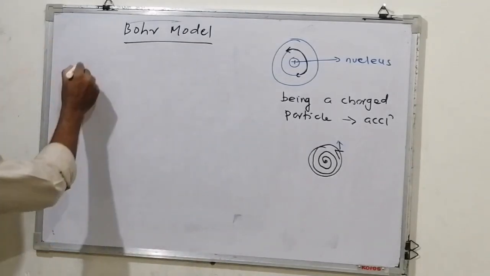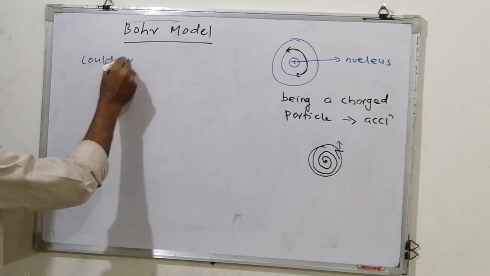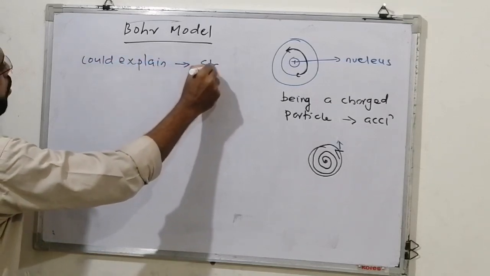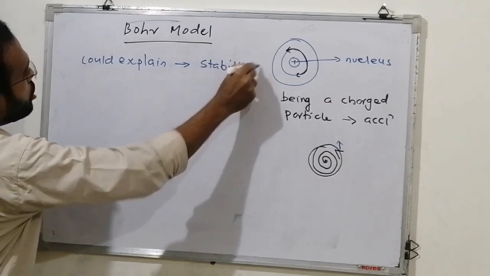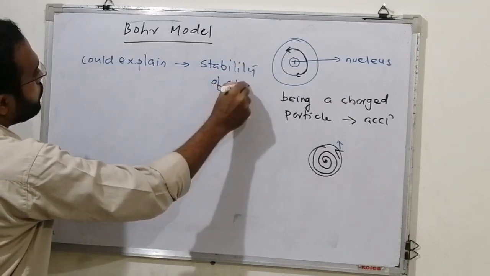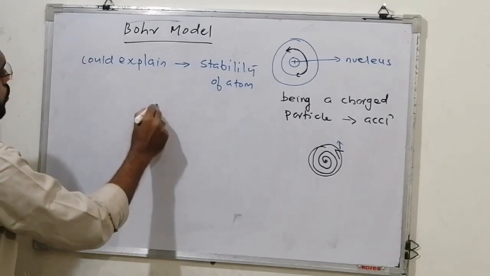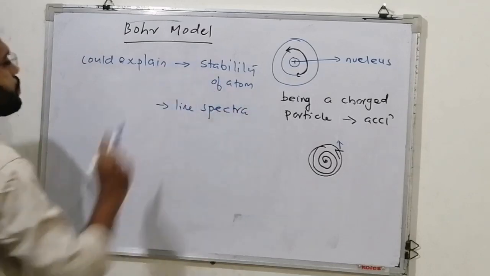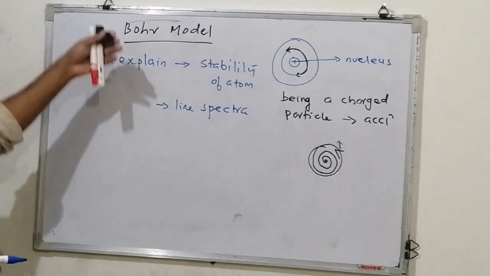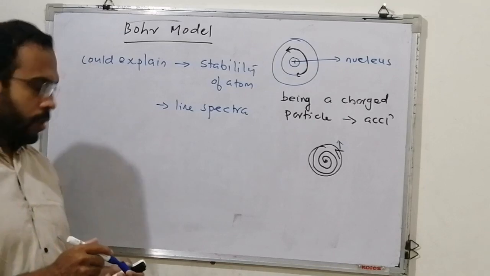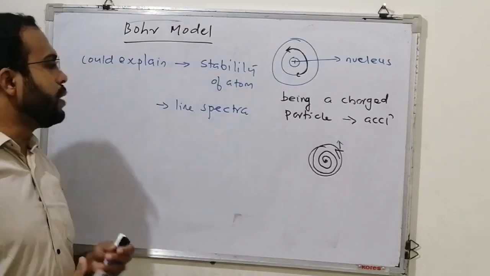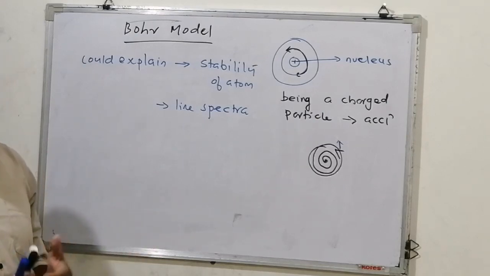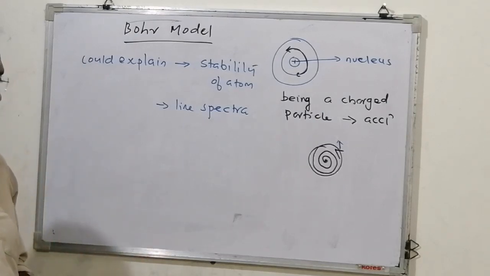Therefore, the Bohr model could explain the stability of atom. Similarly, it could explain the line spectra of atoms. These are the two important features of the Bohr model: it explained stability, and it explained line spectra given by atoms or ions.